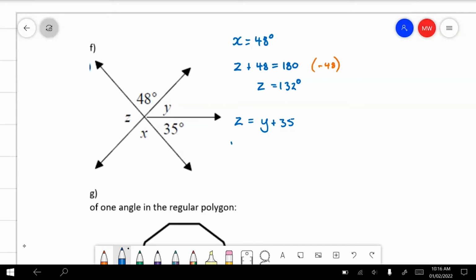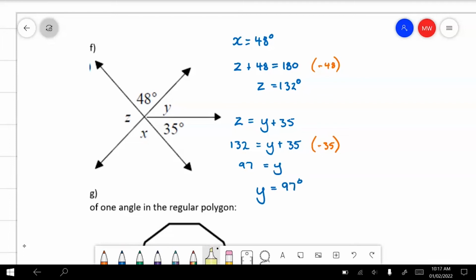And we'll sub in what we know, 132 being equal to y plus 35. Let's take 35 degrees from both sides and we'll be left with 97 being equal to y. So just so we're nice and clear, y is equal to 97 degrees.